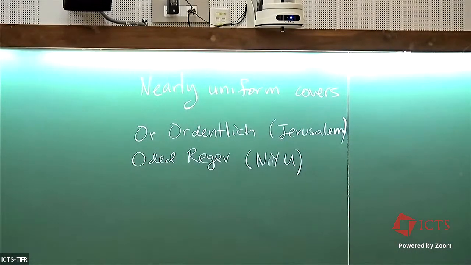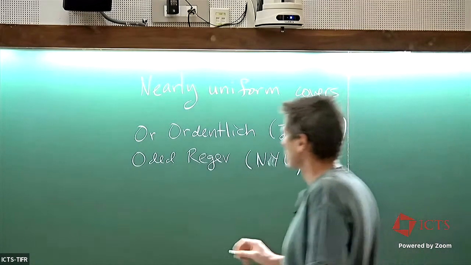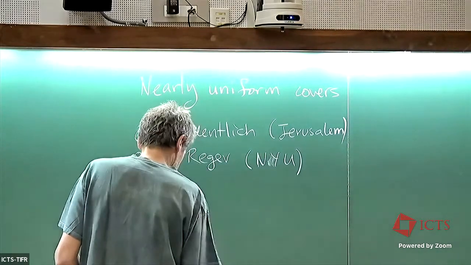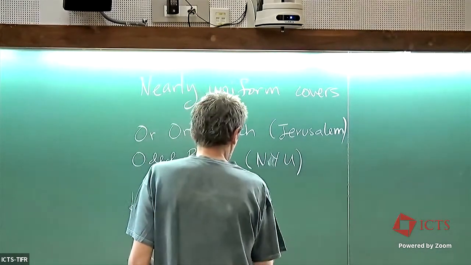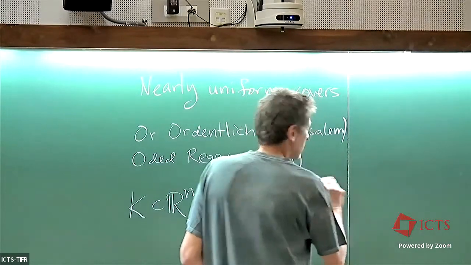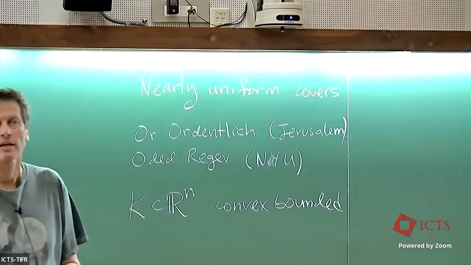So this is about covering. We have a convex body, let's call it K. K will always denote a convex bounded set in Rn.